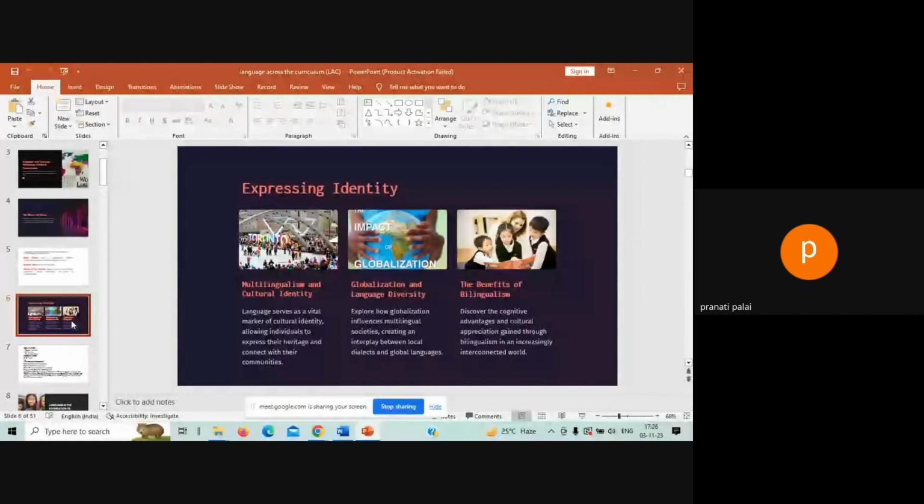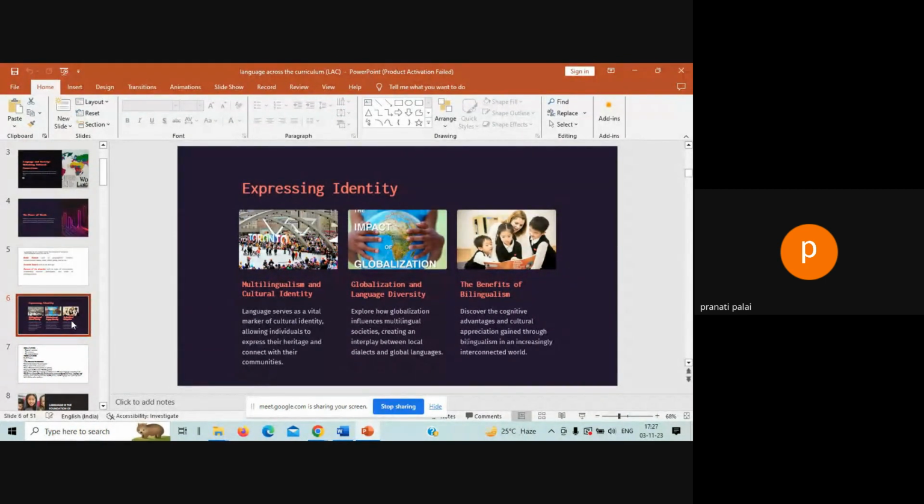If you are connecting our language to the world language, if you are uniting it together, then globalization is possible irrespective of language diversity. So explore how globalization influences multilingual societies, creating an interplay between local dialects and global languages.